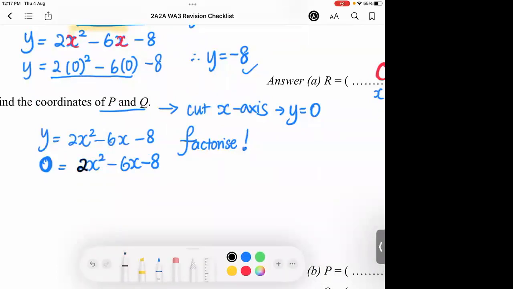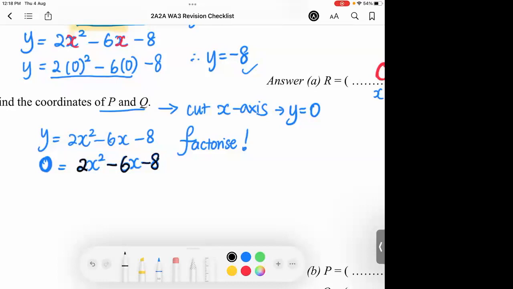A will be 2. What is the B? Anyone know? -6. Very good. What about the C? Other than Samsu, who else can tell me what's the C? -8. Yes, thank you very much. -8.